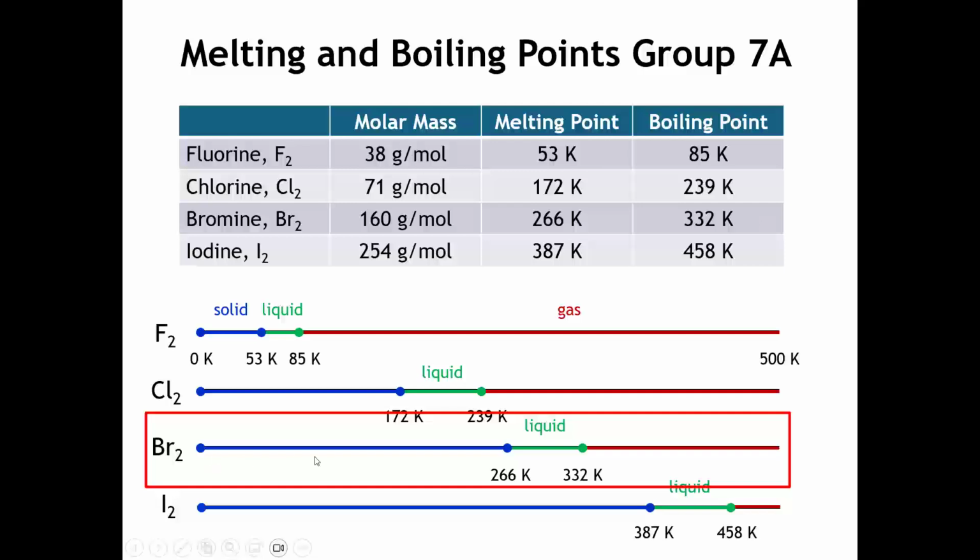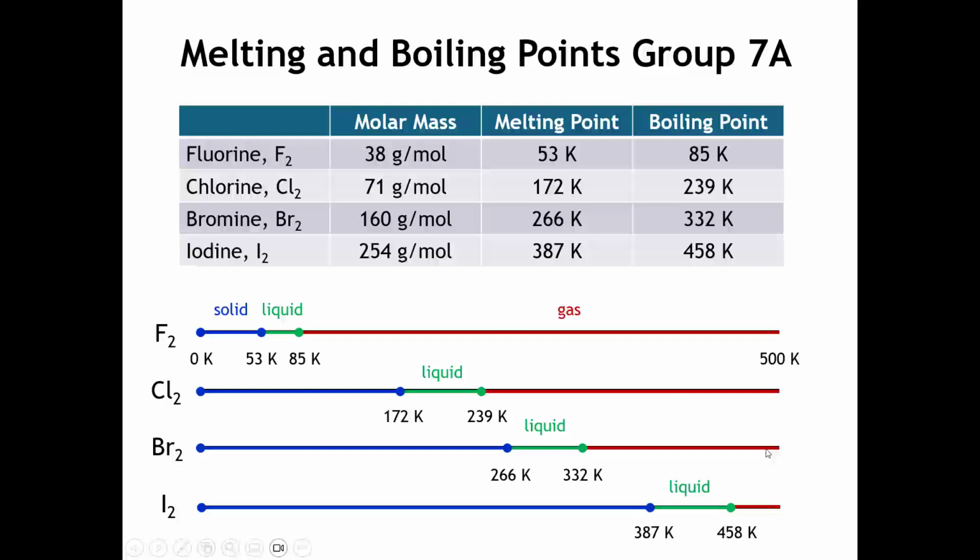And you can see that it's a solid for quite a wide temperature range. Then it's a liquid for a fairly narrow temperature range. And then it becomes a gas. Okay, and if we look at the other halogens, we can see similar trends. From this graph, I would take away 2 points. Firstly, that as we raise the temperature, substances will transition from being a solid at low temperature to a liquid at intermediate temperature to a gas at high temperature.